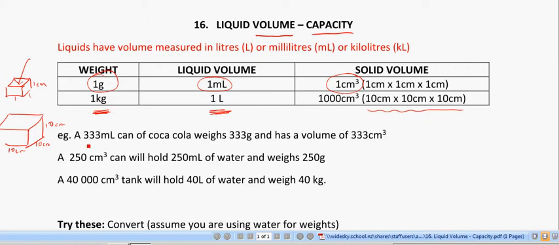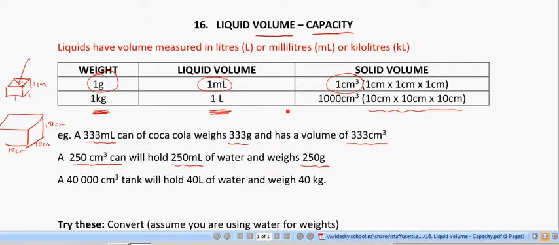So if you have a 333 ml can of Coca-Cola, we'll assume that weighs the same as water, it weighs 333 grams and has a volume of 333 centimetres cubed. So it directly relates. Okay, so if you had a 250 mil can, it will hold 250 mils of water and it weighs 250 grams.